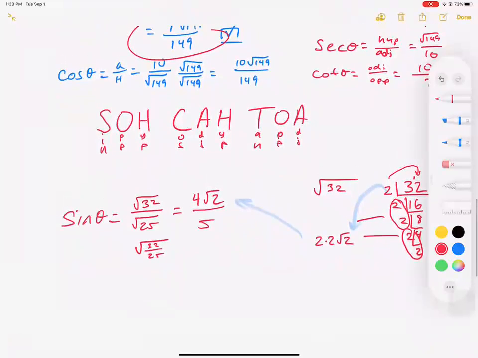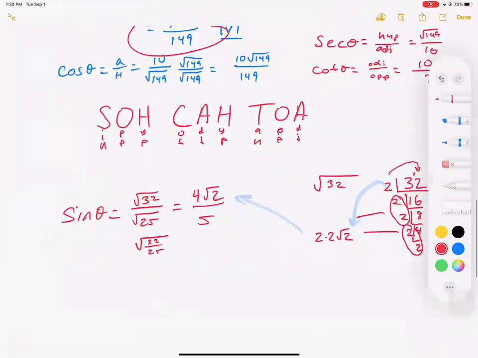Let's do another one. That's a little funny. Sine of theta, let's say it's 4 square root of 12 over 3 square root of 24. So if you see you can divide stuff, maybe, but instead, I'm just going to take the square root of them separately.